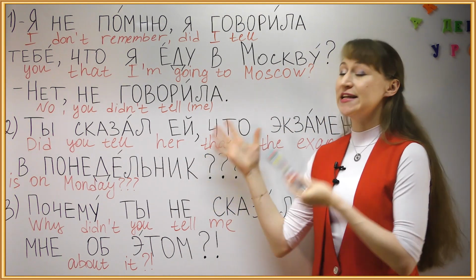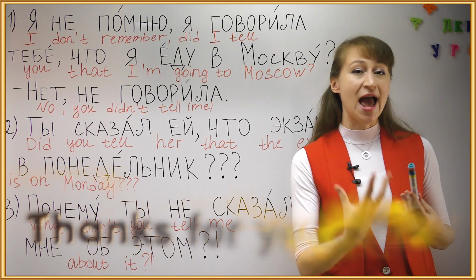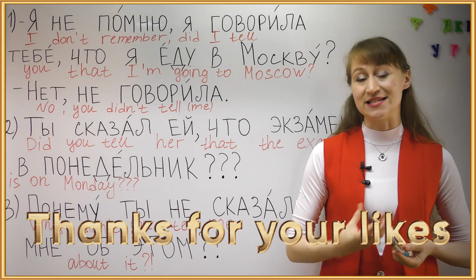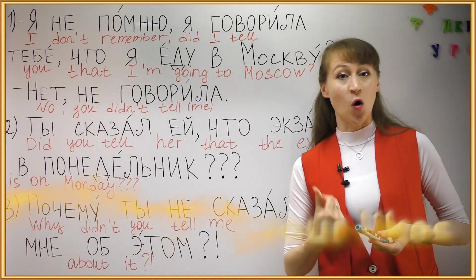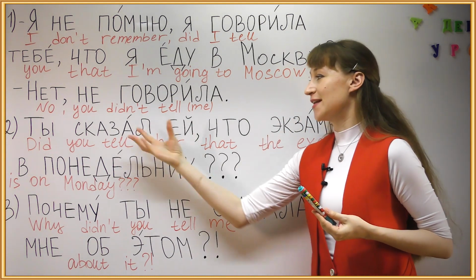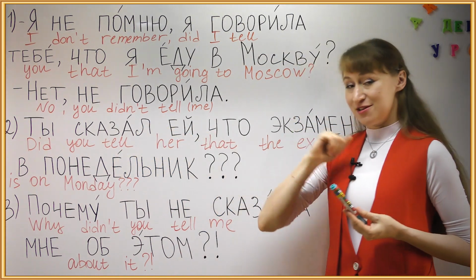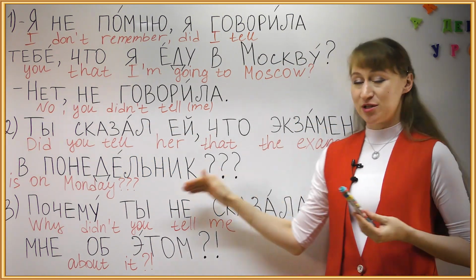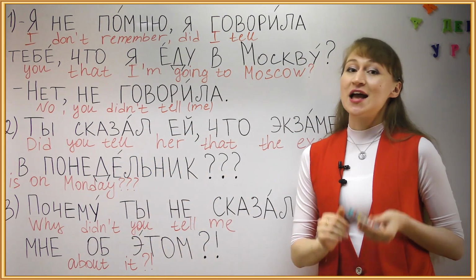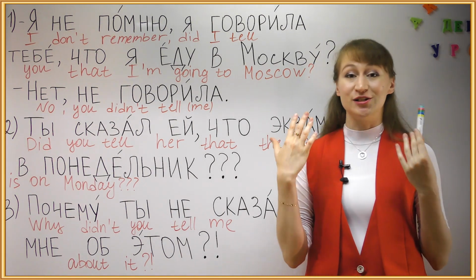That is why we use сказать here. So if we add to our sentence the connotation of like this should, right, or must: Ты сказал ей, что экзамен в понедельник. And if you didn't tell her, that is bad.